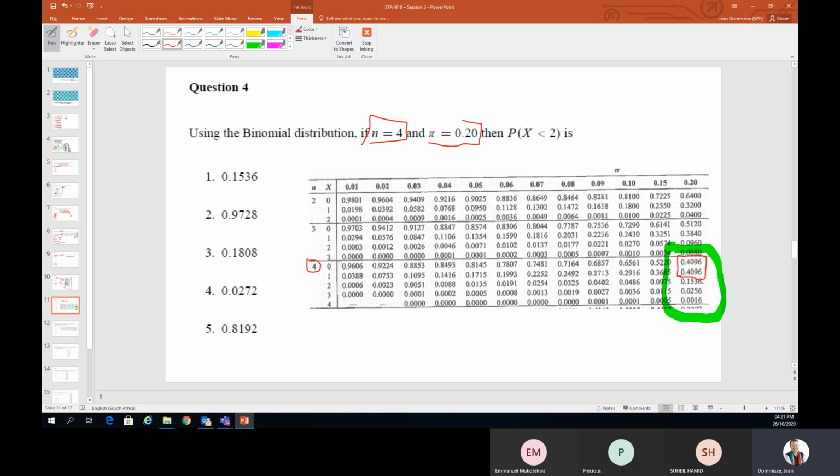Weird that it is the same, but it is 0.4096. And it's basically times 2, which will give us 0.8192. Okay, so it will give us that number.